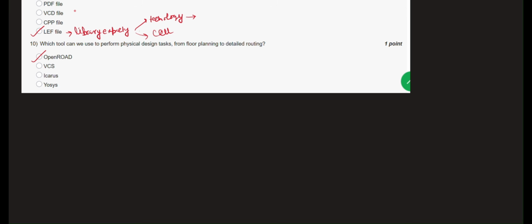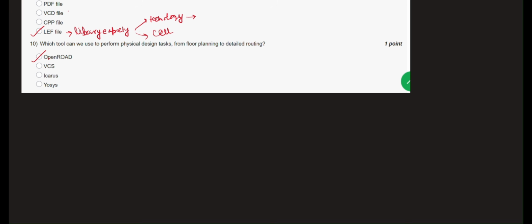If you have done your SPICE simulation and all, then you will know that a VCD file is generated to dump the values. We generate a VCD file with whatever simulation result we get, and we dump it in the VCD file. But this is not a physical design tool.